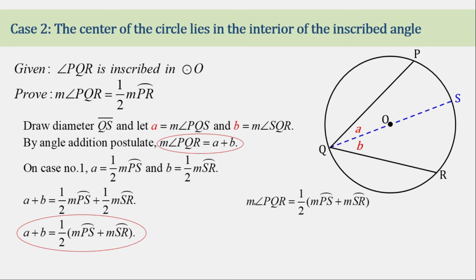So we now have an equation: the measurement of PQR is equivalent to 1/2 of the sum of PS and SR.